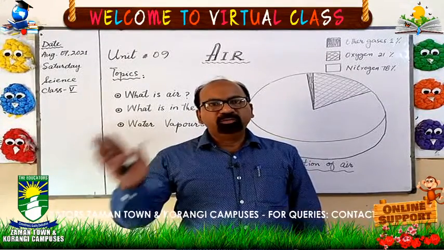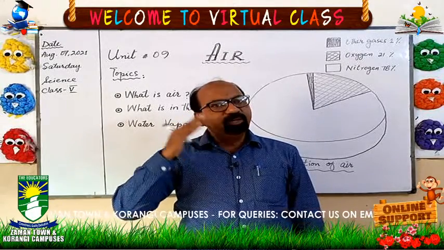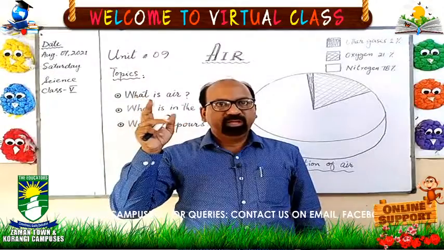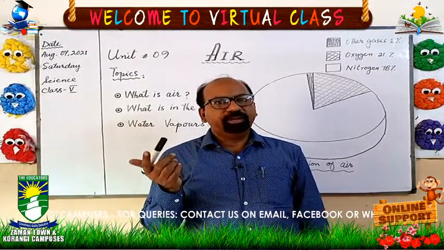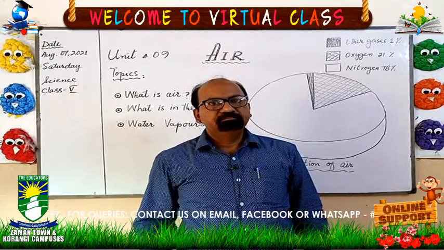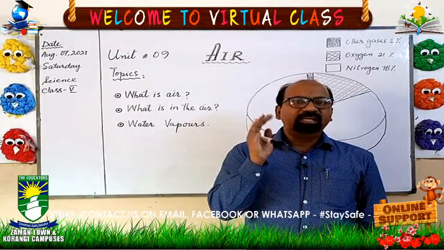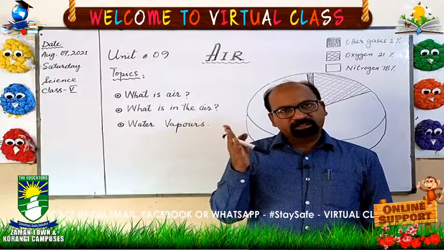Because if we are going to start discussing something, it is very necessary that it should be very clear in our mind. So, what is air? The answer is, air is a mixture of gases. Air is a mixture of gases.